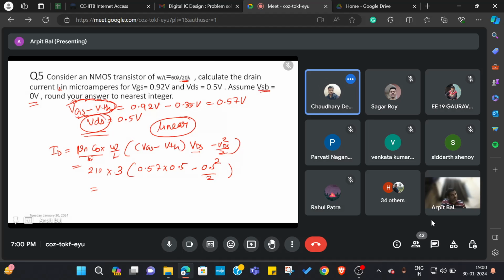Sir, I have a doubt that in this place we have not applied the V minimum concept. Why not? Because V minimum is VDS, so we substituted V minimum here, right? So V minimum is 0.5.